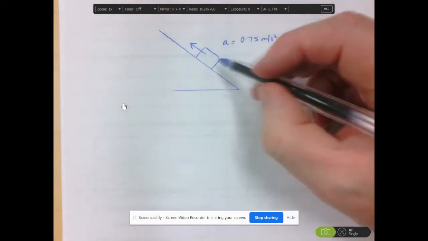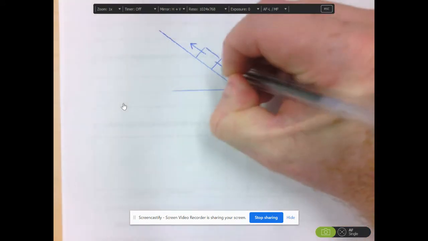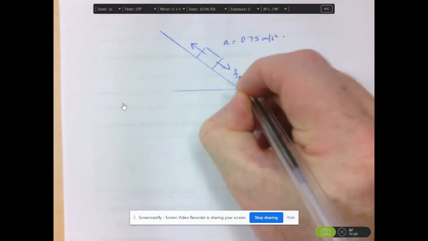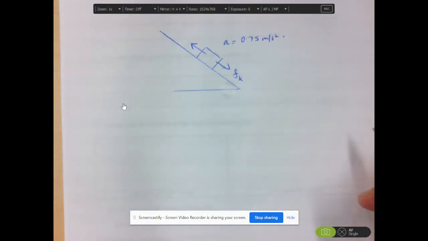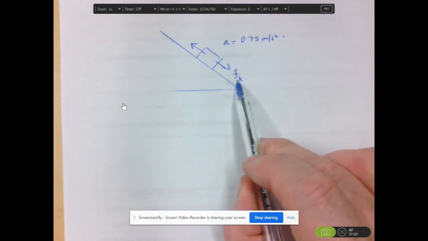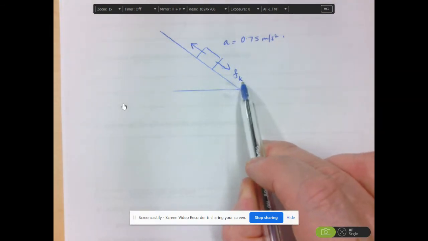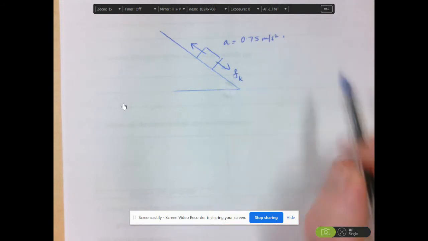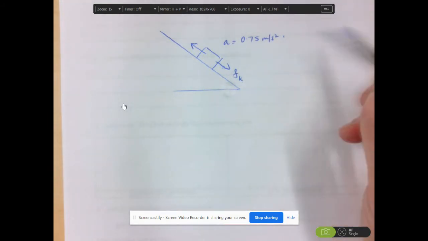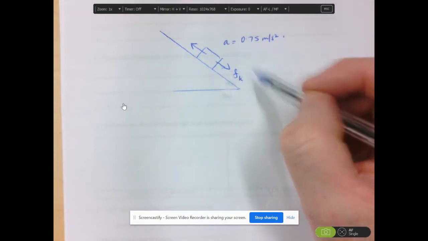So if we are moving up the plane, then we must have a frictional force, in this case F little k, going down the plane. And it's kinetic friction because it's moving. So this is a different type of friction. It's not the static friction.